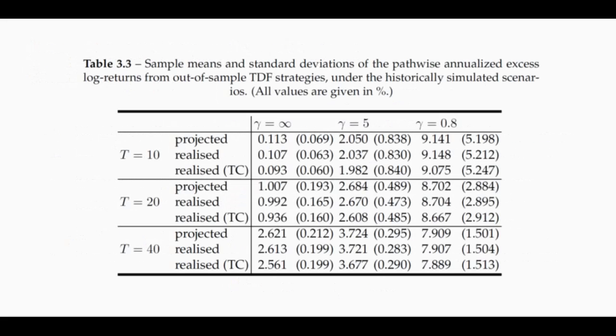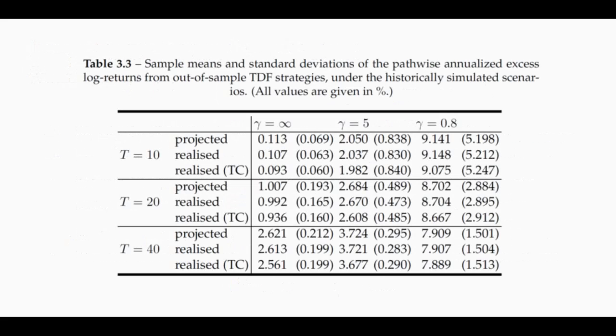And we conducted the same exercise on the historically simulated paths. We summarize the outcomes in this table, where we consider 3 different time horizons and 3 different risk profiles.